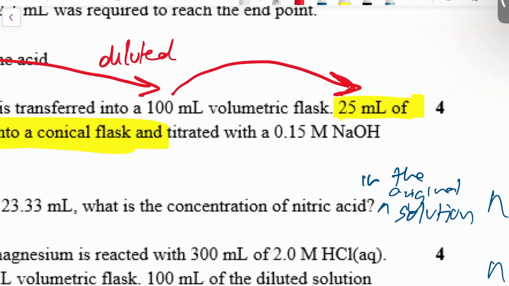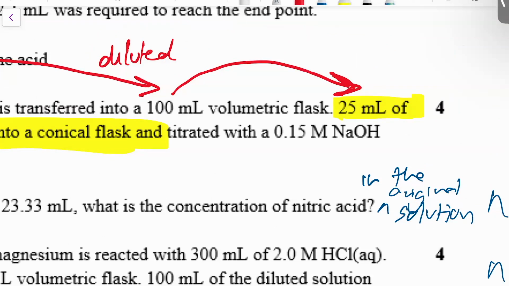In this case, they didn't divide by 10, they went from 100 to 25, they divided it by 4, so the moles should also perfectly divide by that amount. The only time you change concentration, guys, is when you change moles without changing the volume, or you change the volume without changing the moles.